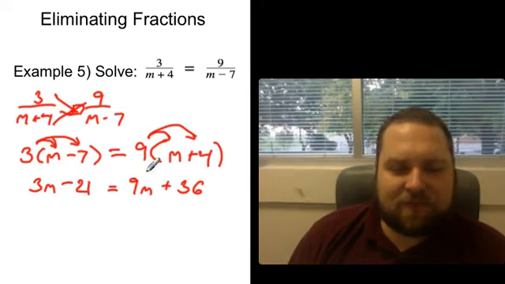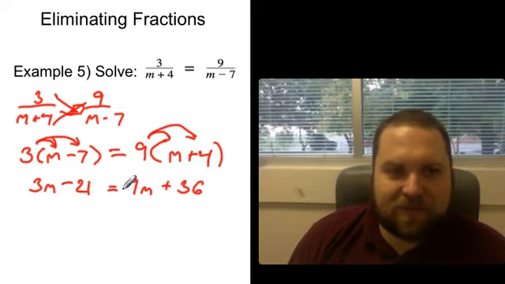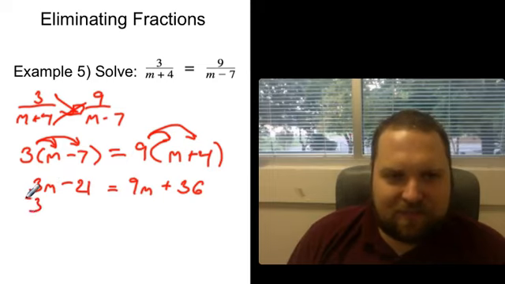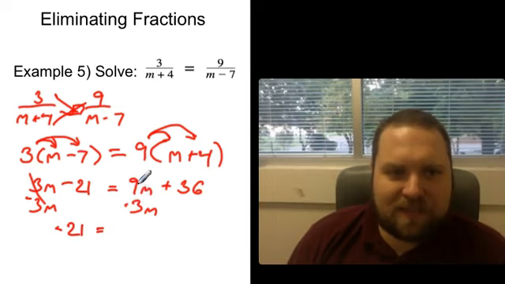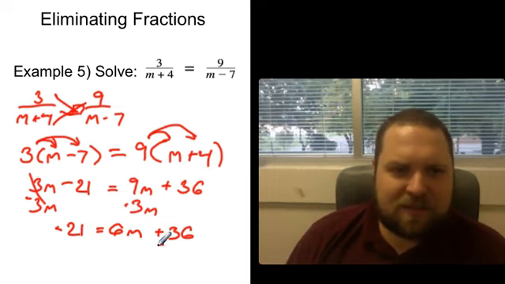Now I have variables on both sides, so I want to gather those variables. I'm going to gather them to the side of the larger one, so let's get rid of this minus 3m over here. These will cancel because they're inverses. And again, negative 21 is equal to 9 minus 3 is 6m plus 36. Yay, two-step equations.